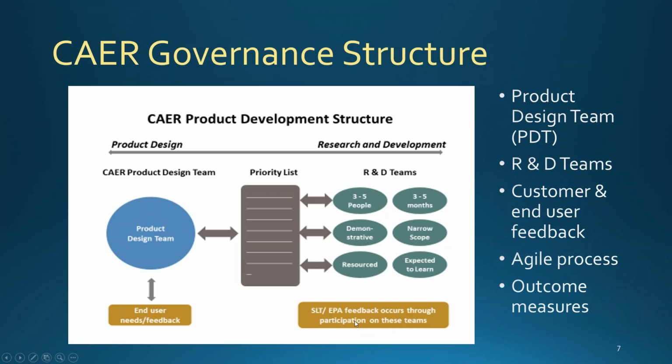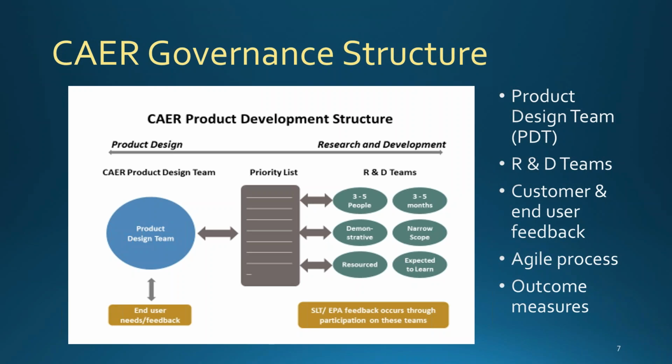And so I'll go to the next slide now regarding the governance structure under CAER. Right now we're in the phase of the implementation plan that was developed last year in August of 2016. The CAER implementation plan established what we call a product design team, PDT.